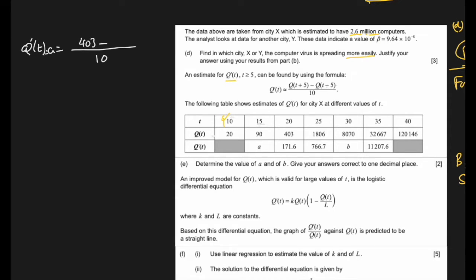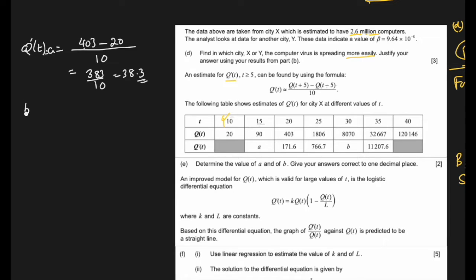So what is Q(10)? 20. So A will be 403 minus 20 is 383 over 10, 38.3. And that makes sense. It is less than 171, so 38.3 makes sense.